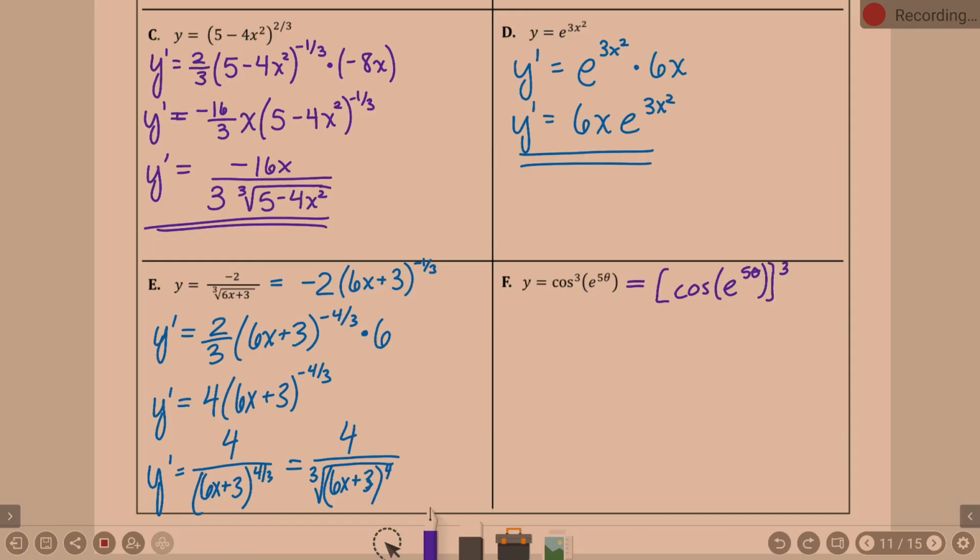And I'm doing that because I need you guys to understand what the most outside function is here, because there's two different ways. Cosine cubed theta is equal to cosine theta quantity cubed.